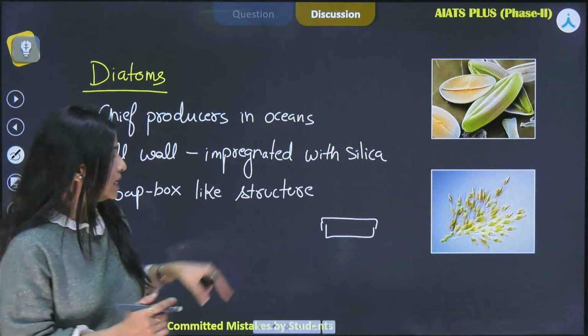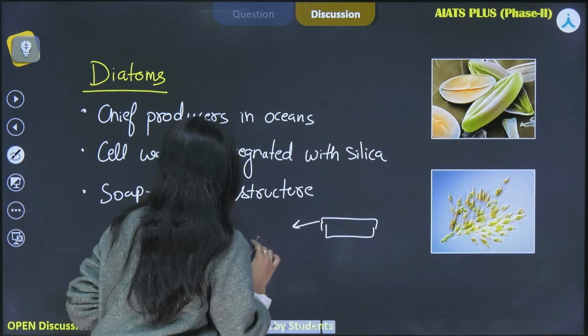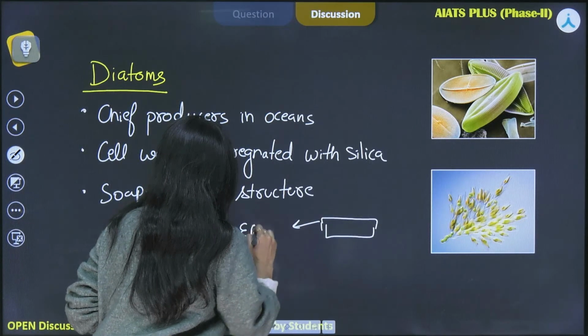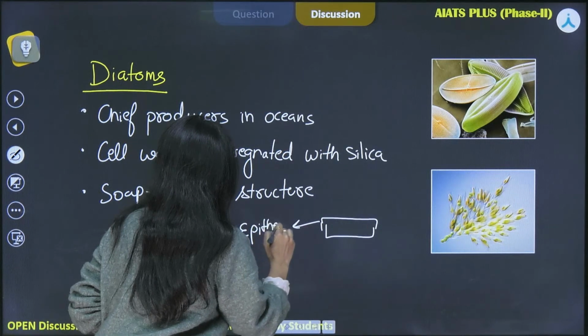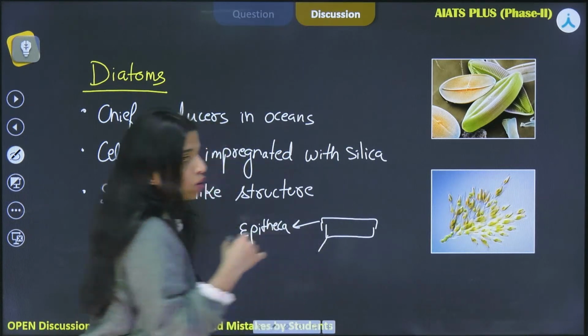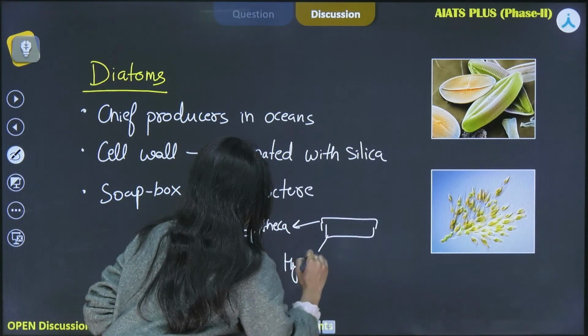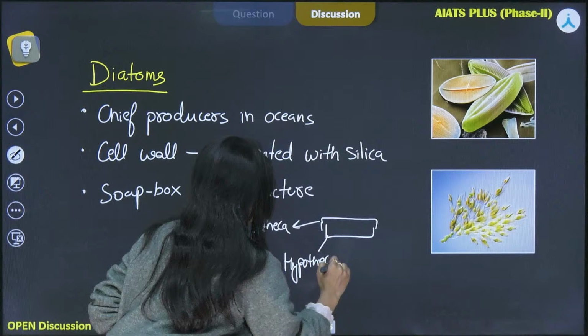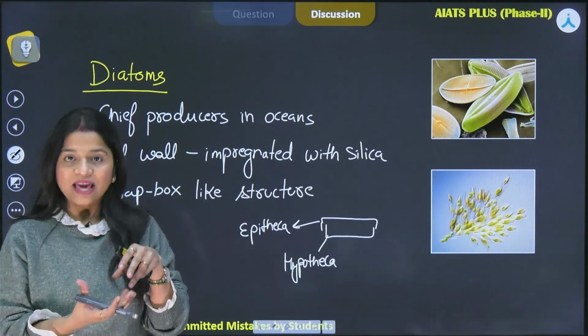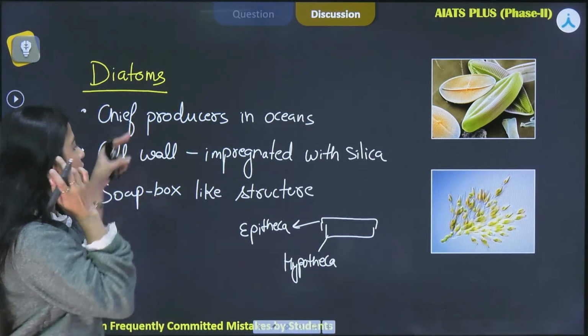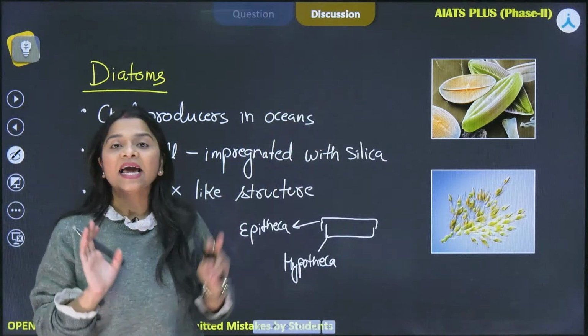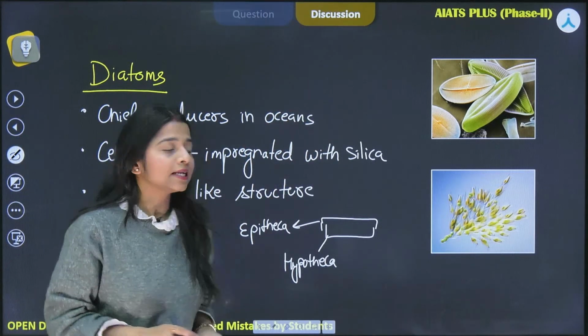Similarly, this is the upper cell wall that is called the epitheca, and this is the lower cell wall, that is the hypotheca. Together they fit in like a soap box. So these are very important points about diatoms. I hope this much is clear with you.